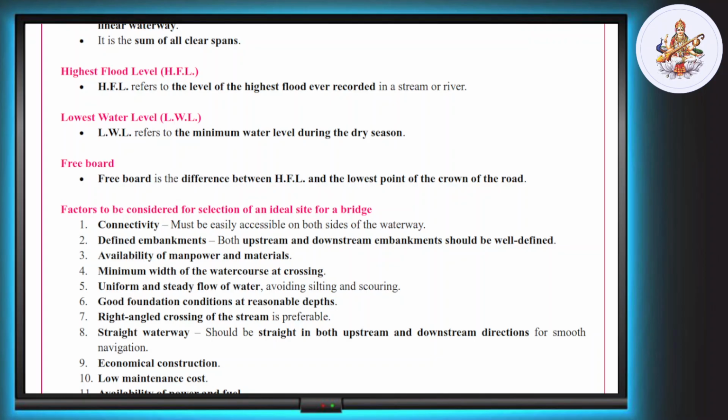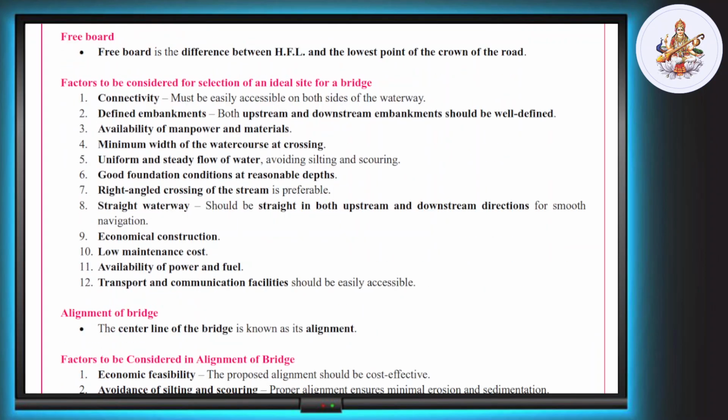Selection of ideal site for a bridge. Now suppose you are selecting a location to construct a bridge. These are the checklist points. 1. Easy connectivity on both sides. 2. Well-defined embankments. 3. Availability of manpower and materials. 4. Shortest crossing width. 5. Uniform water flow to avoid silting or scouring. 6.